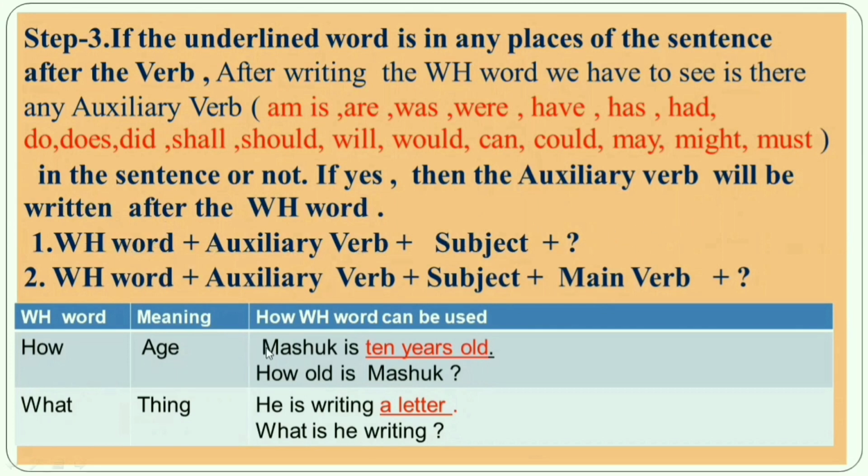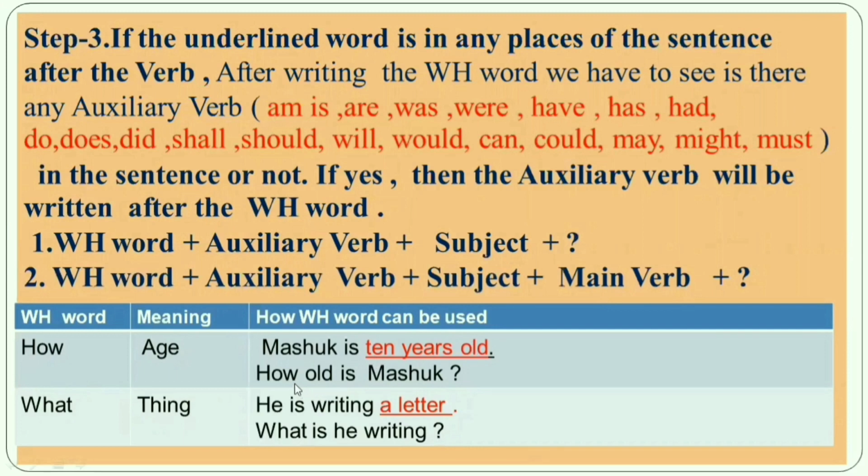So here you can see, Mashuk is 10 years old. First you will select the WH word. Look at the underlined word, 10 years old. It indicates the time, that means the age. Okay, so the WH word will be how old.